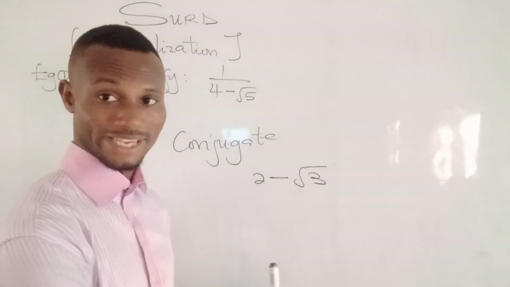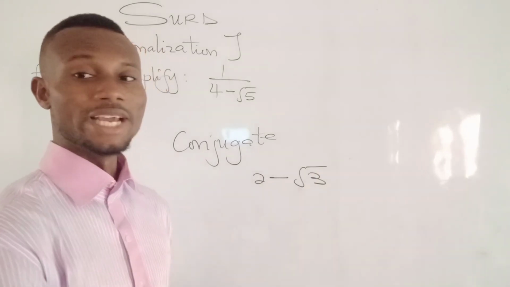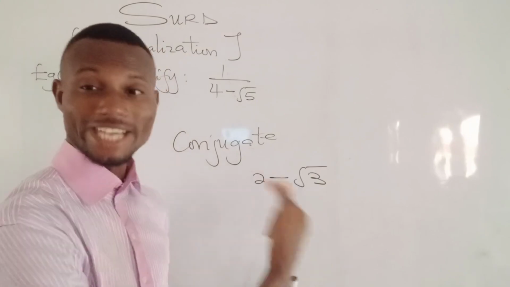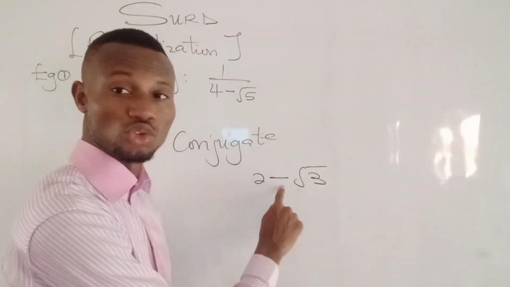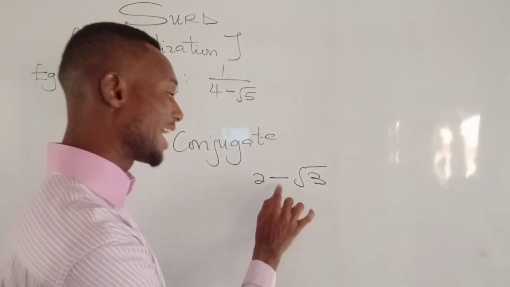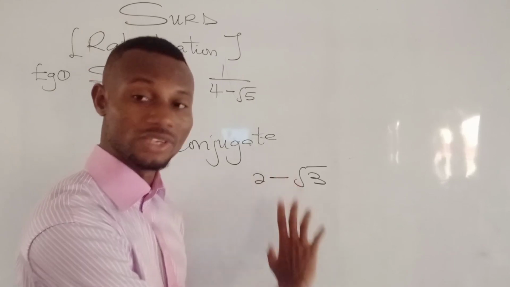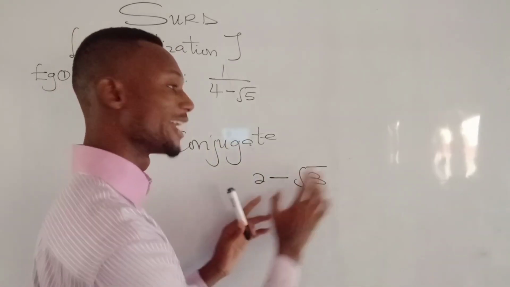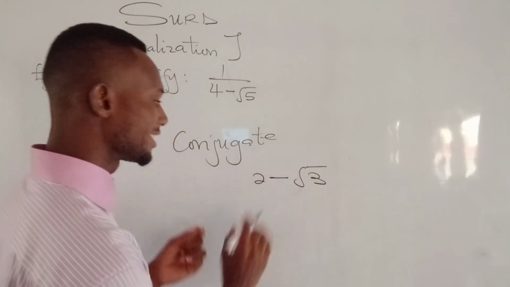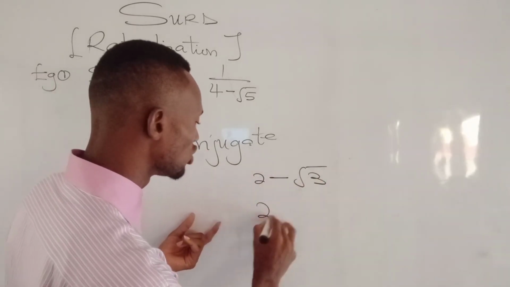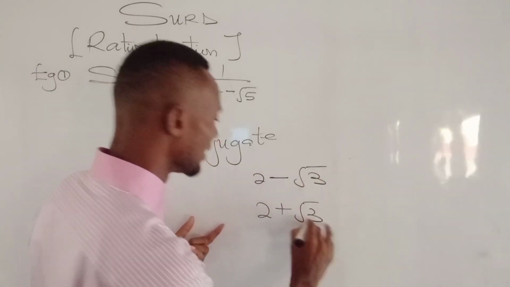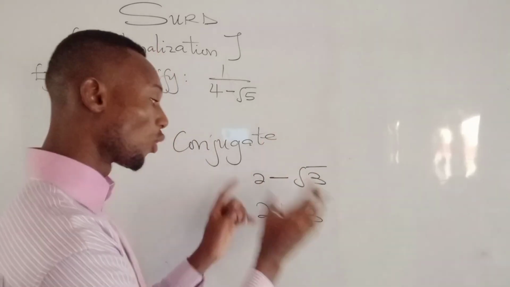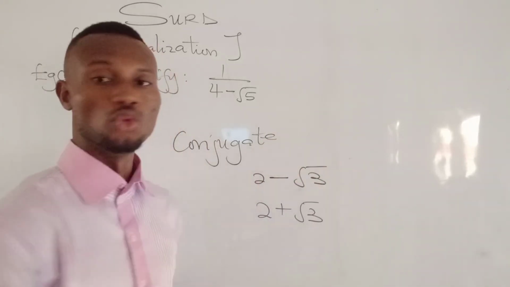It simply means that we repeat the same thing, then change the sign in between them to the opposite. The sign in between them is negative, so we change it to positive. So the conjugate of 2 minus root 3 is going to be 2 plus root 3. This is our answer.